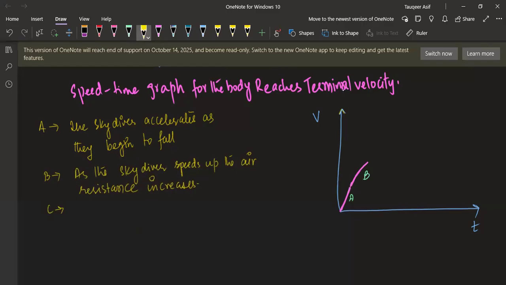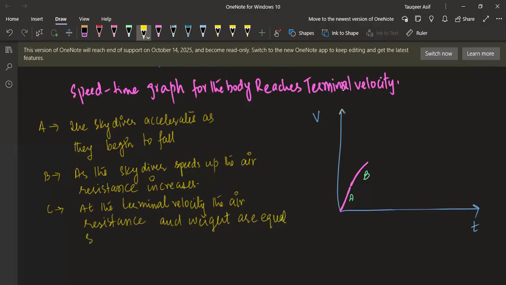Now let's talk about the next step. At the terminal velocity, the air resistance and weight are equal. So what will happen when the two forces become equal?